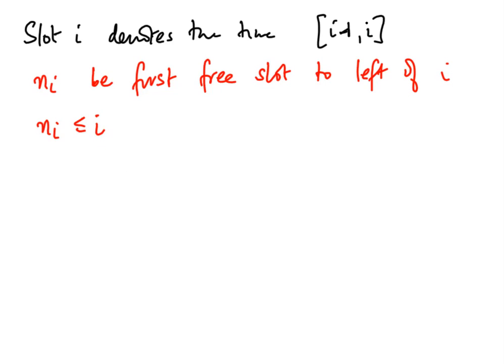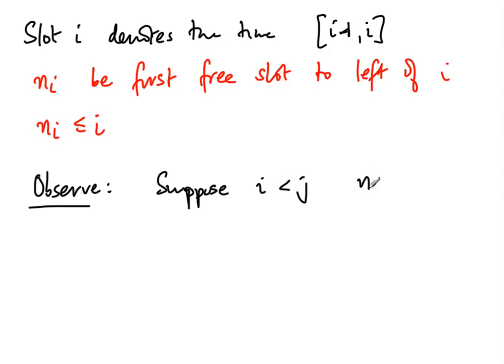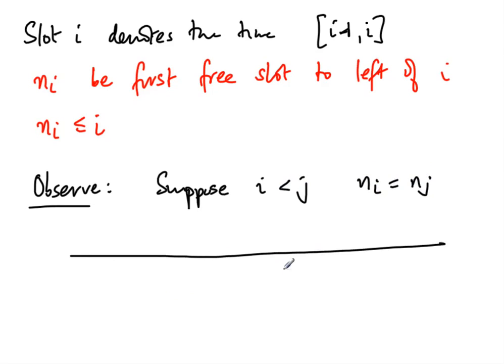Okay? So now we observe that suppose i is less than j and N_i is equal to N_j. That means that I have a situation where I have position i and I have position j, and for both of them the first free slot to the left is the same.